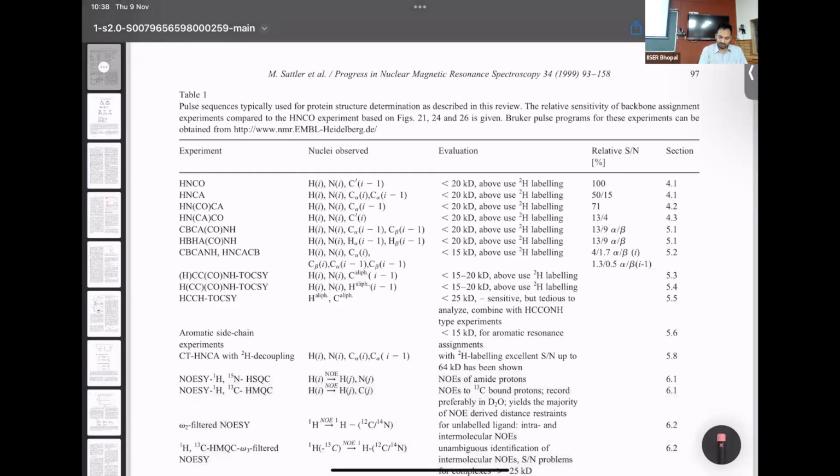As you might remember from yesterday, we just discussed the pulse program of the HNCO experiment, which correlates the HN of the ith residue to the I-1 carbonyl.